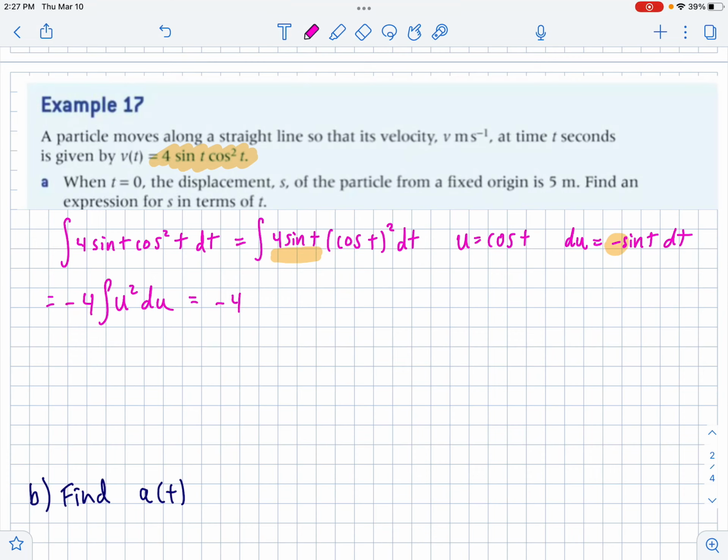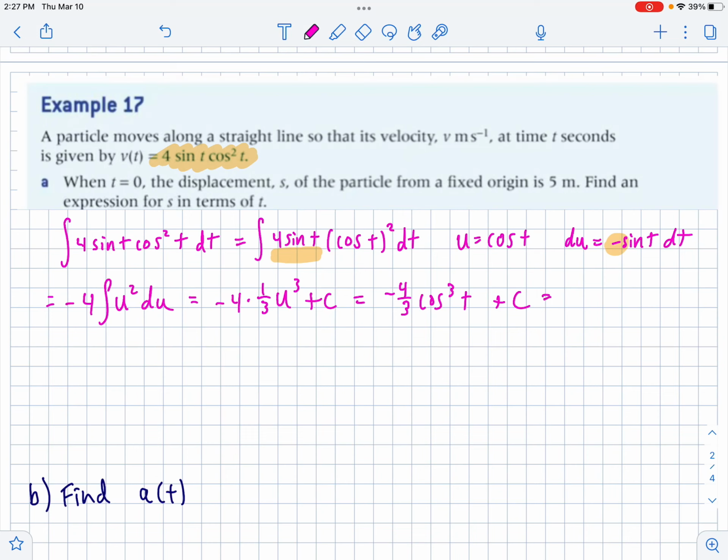Then when we integrate, we get negative 4, and then we prop it up 1, so 1/3 u to the third plus c. So this whole thing, when you put cosine back into it, is negative 4/3 cosine cubed t plus c.